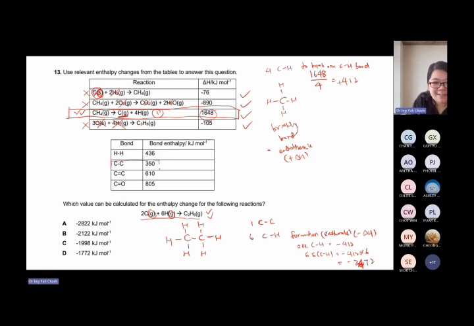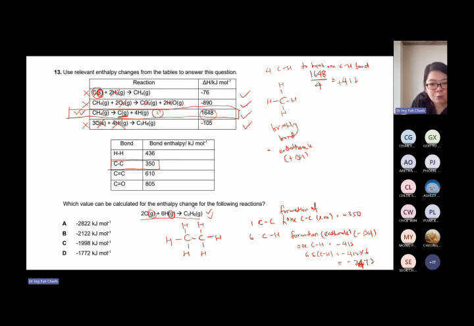Here we have the CC bond. Formation of bond is always exothermic. This one given to us is bond energy, which means breaking of the bond. So again, we change the sign to negative. Formation of one CC bond, exothermic again, so we change this to negative 350.